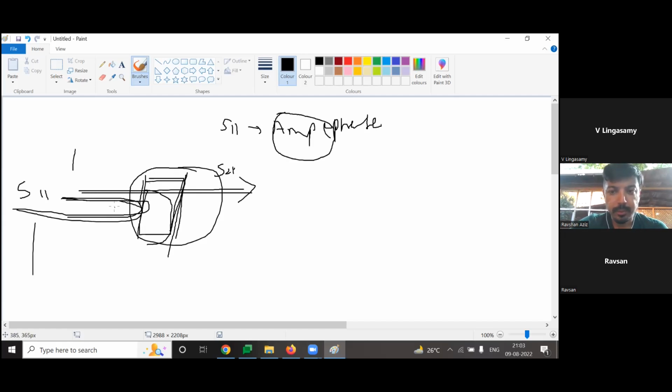Your signals get impinged on this unit cell, pass through it, and then get reflected. For example, this is the substrate, and you can have a patch like this.